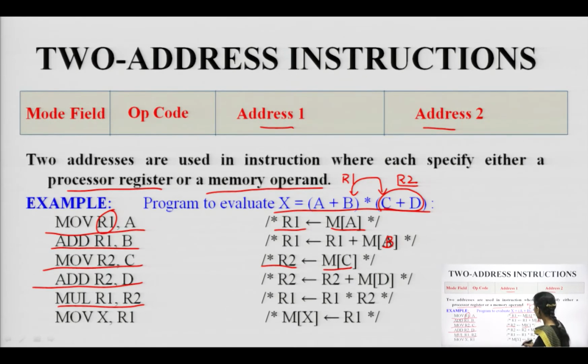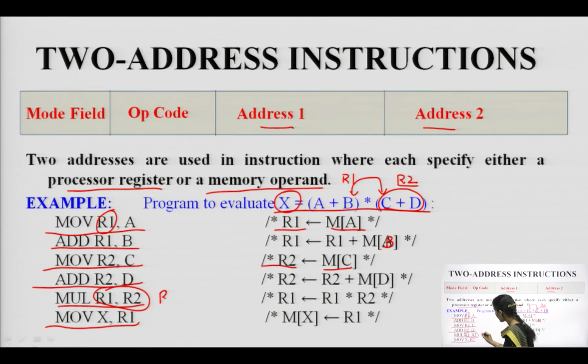And lastly, I will be moving my result into memory location X. When I have mentioned here the two addresses, this means my output will be coming into the first register.